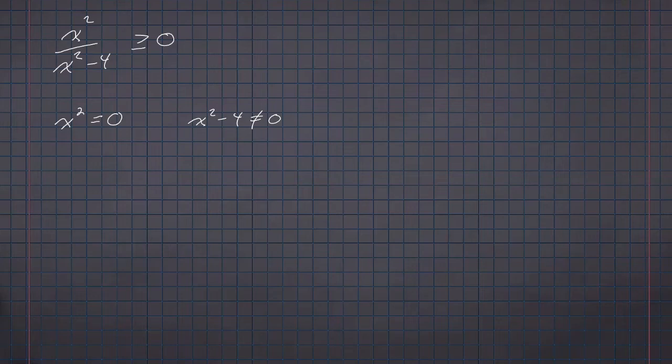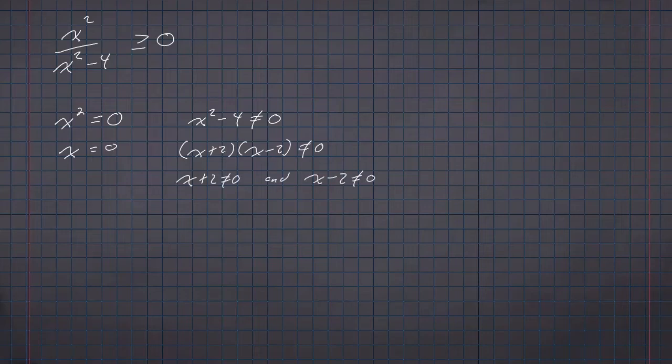So if x squared is equal to 0, that means that x itself is 0. If x squared minus 4 is not equal to 0, there's a couple of ways to think about this. I recognize this immediately as the difference of squares. x plus 2 times x minus 2 is not equal to 0, which means that x plus 2 is not equal to 0, and x minus 2 is not equal to 0, which means that x is not negative 2, and x is not positive 2.